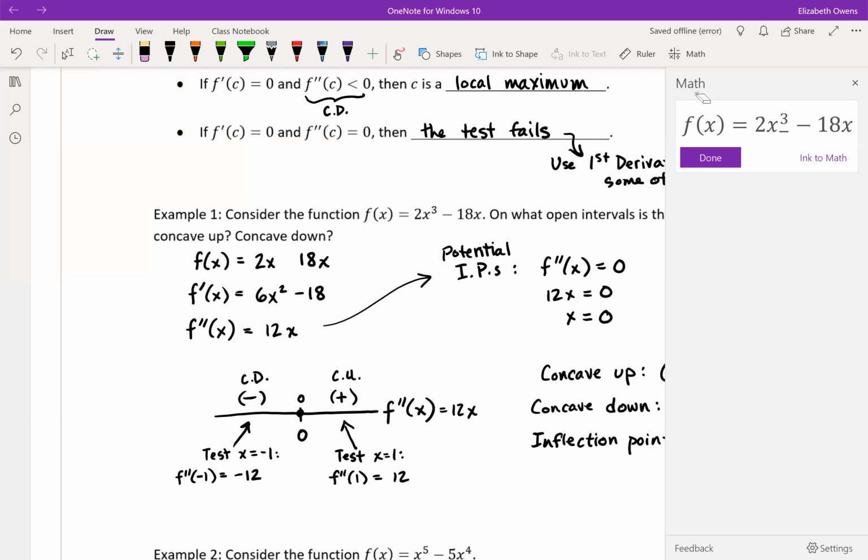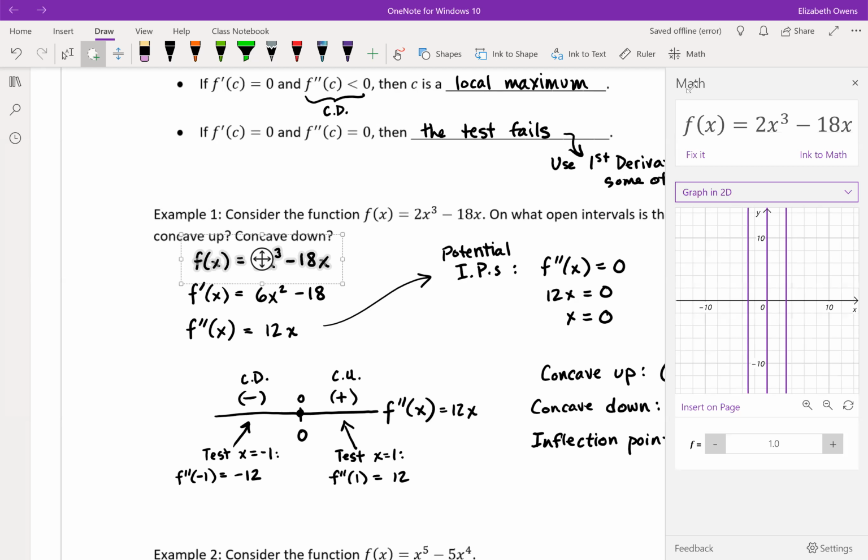Fix that little 3 and I think it'll like it better. 2x cubed minus 18x. Does it like it? Yeah, it likes it. Okay, so let's look at our graph.